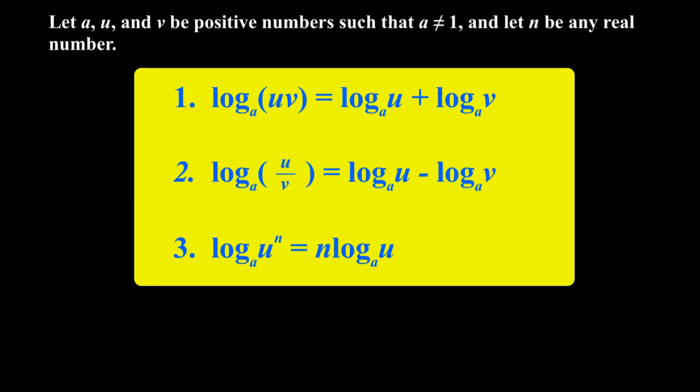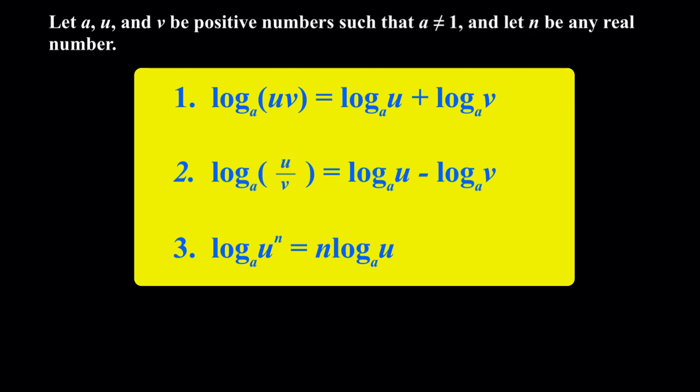All right, so now the third property of logarithms is log base a of u raised to the n power is equal to n times the log base a of u. What this means is that when you have an exponent up here, you can bring this exponent to the front of your logarithm, and this will be equivalent to this value right here.